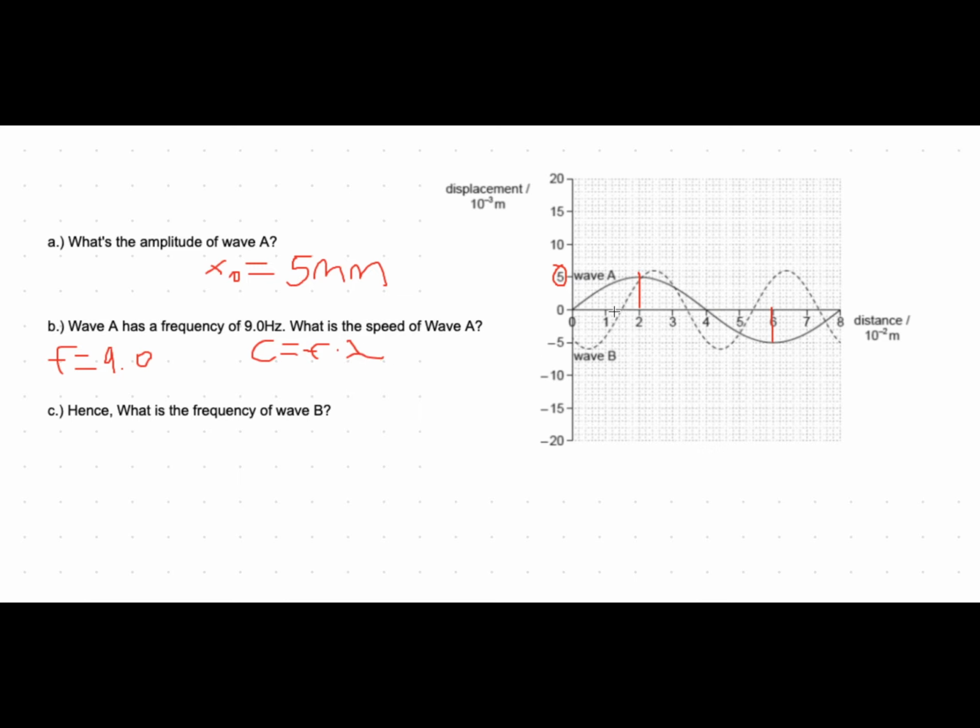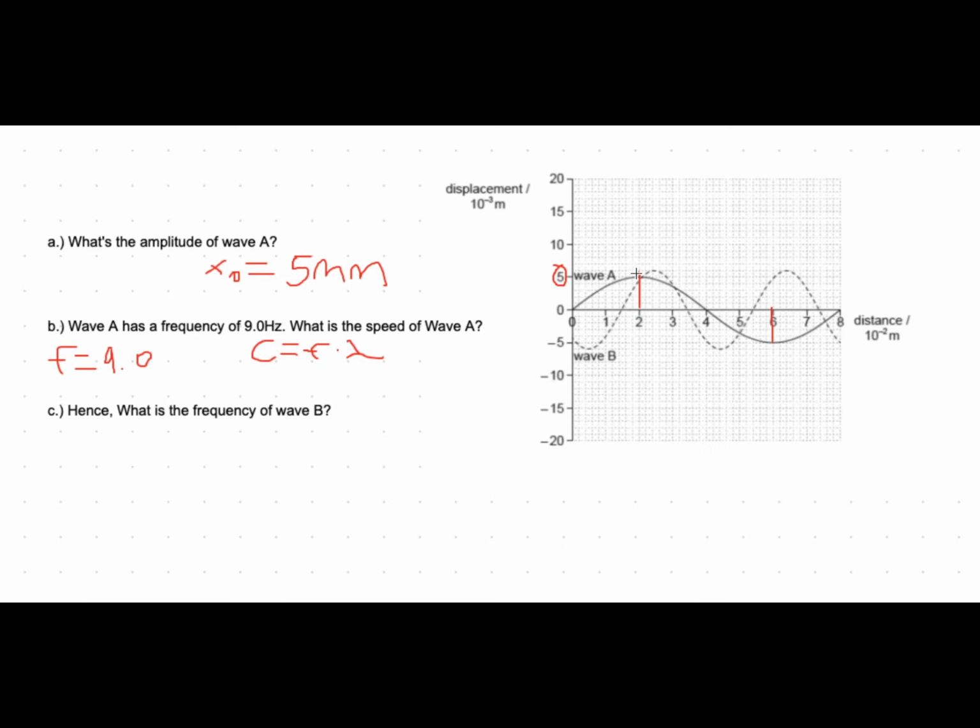The wavelength of this wave A we can find because this is the displacement distance graph. So the distance between 2 points that are in phase will be our wavelength. Usually we can find this from points that are in phase, such as a crest to a crest or a trough to a trough.